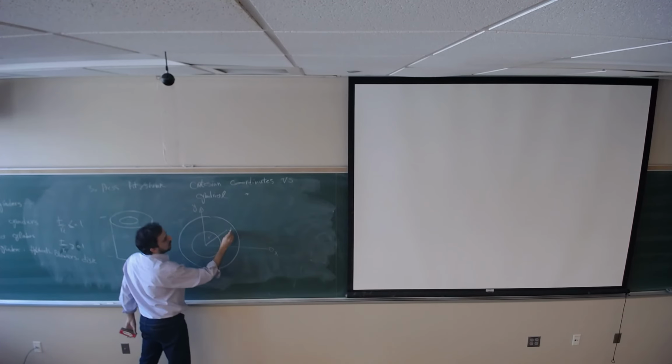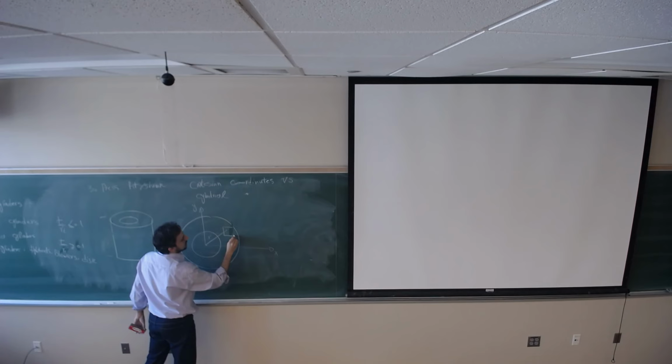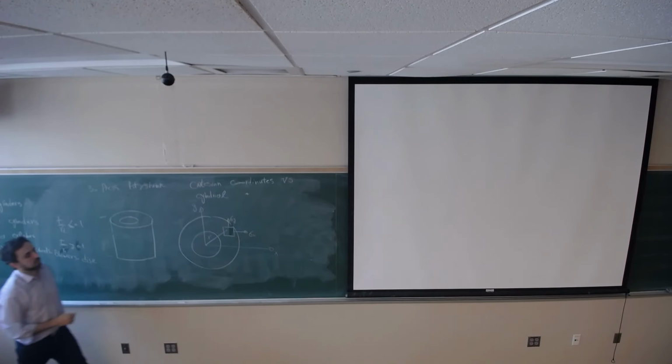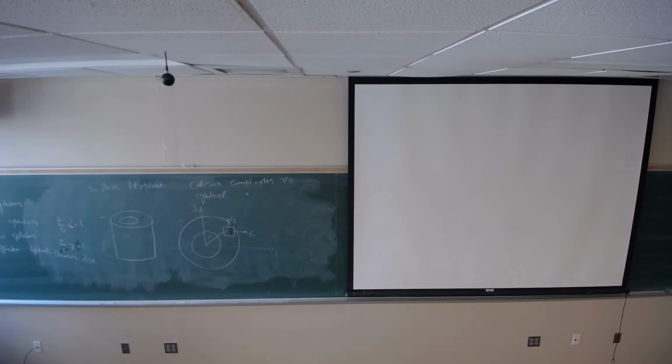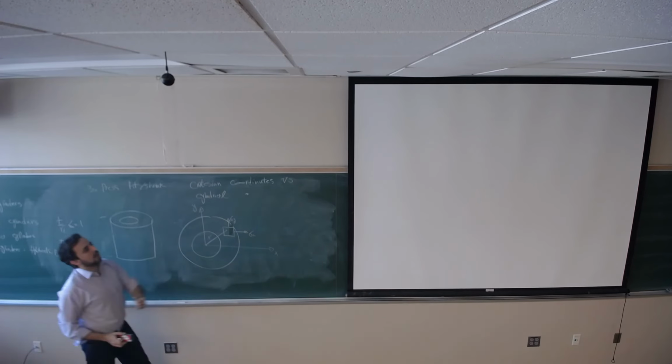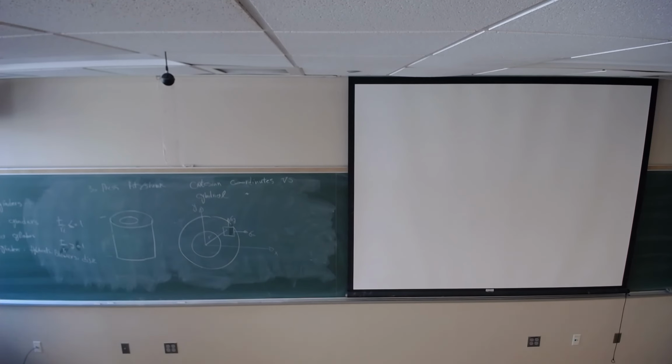If I want to draw the stress element, it's going to look like this. Sigma x applied here, sigma y applied there. So we have this state of stress, and we have Cartesian coordinates because we have x and y.